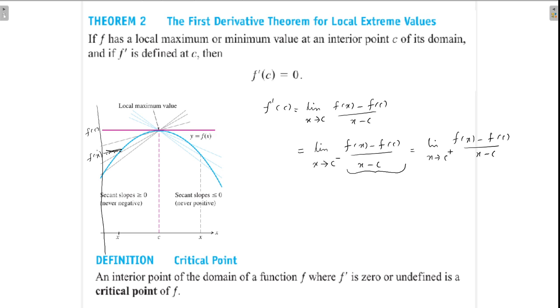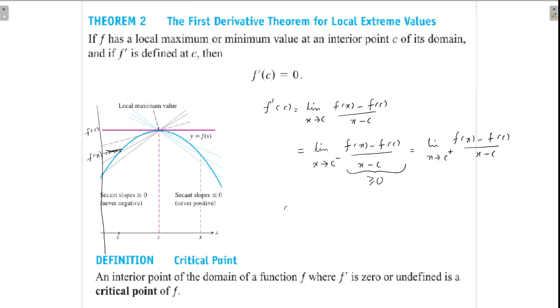Now f of x minus f of C is always negative because f of C is greater than or equal to f of x. So f of x minus f of C is negative, and x minus C is always negative. This is the quotient of two negative quantities, so it is always greater than or equal to 0. Therefore the limit is also greater than or equal to 0.